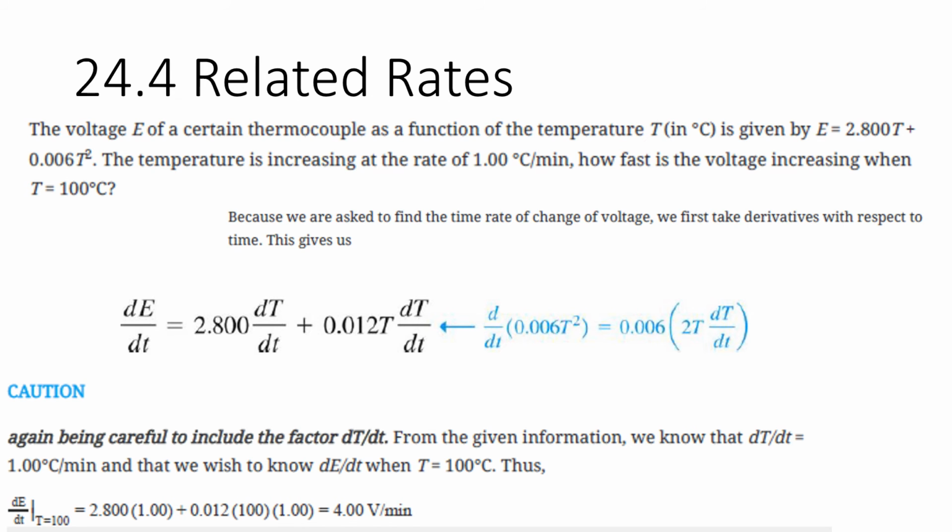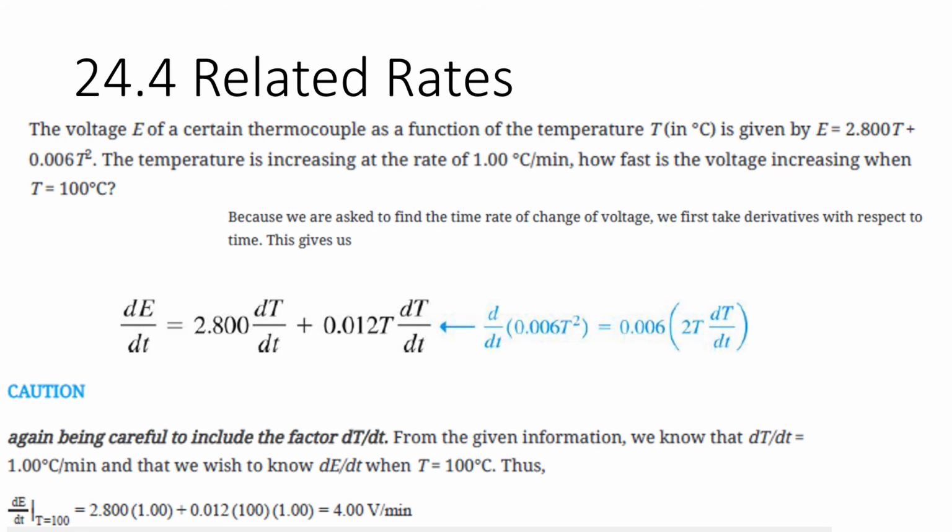Because later on I already knew the rate of change of temperature over time. It was given in the original question. It said that the rate of change of temperature over time was 1 degree Celsius per minute. So I'll just plug in that 1 degree Celsius per minute into my original formula, just as I'll also plug in the temperature of 100 degrees Celsius.